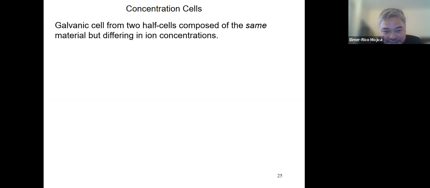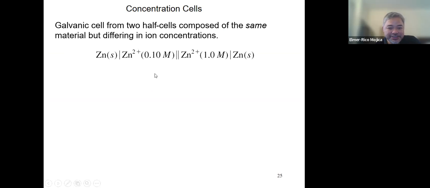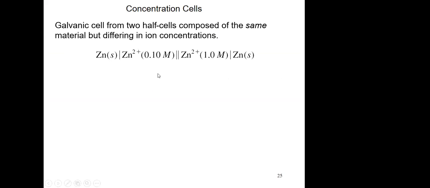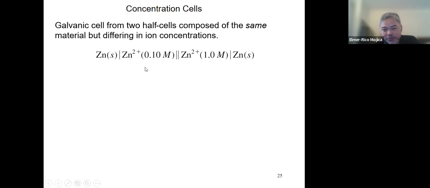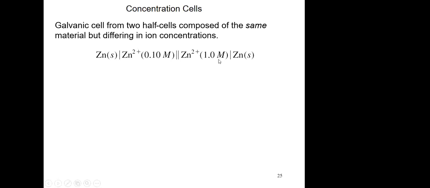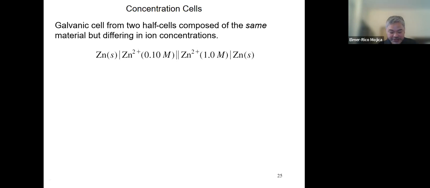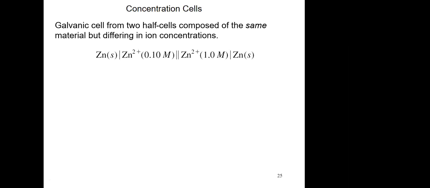The answer is yes, if they have different concentrations. So the example I have here: this battery is made up of both zinc, one with concentration 0.1 and the other with 1.0. So the question: can we determine the cell potential for that problem? We're still going to use this one.